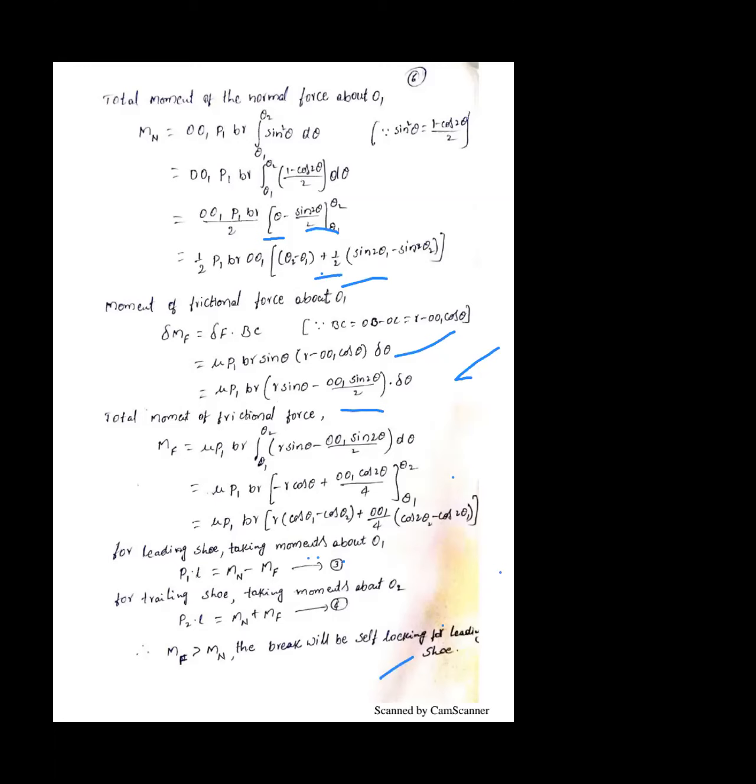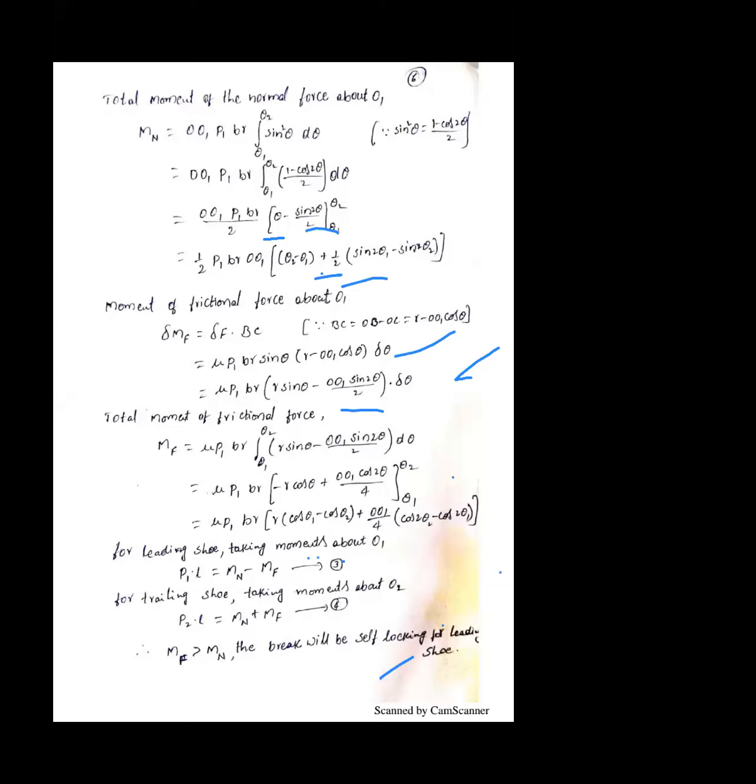Here for the leading shoe, also called the primary shoe, taking moments about O1: P1 L equals Mn minus Mf, normal force minus frictional force.